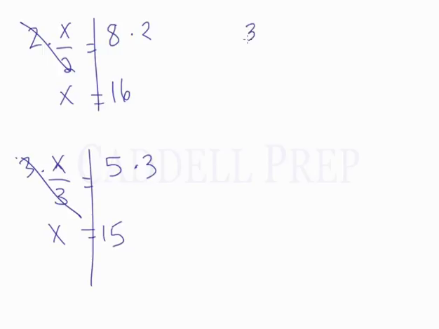There's another method for solving equations that involve division. You may have seen this before, and that's called cross multiplication. So in this case, we'll try cross multiplication here. It's important to write both sides as fractions. So 9 is really 9 over 1.